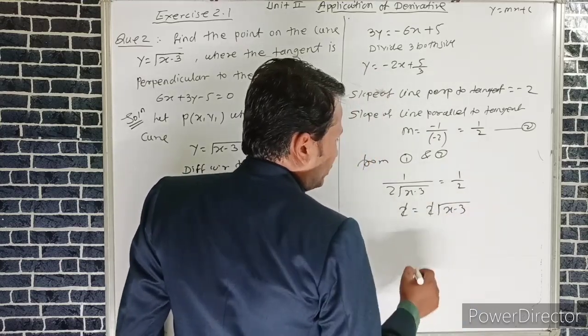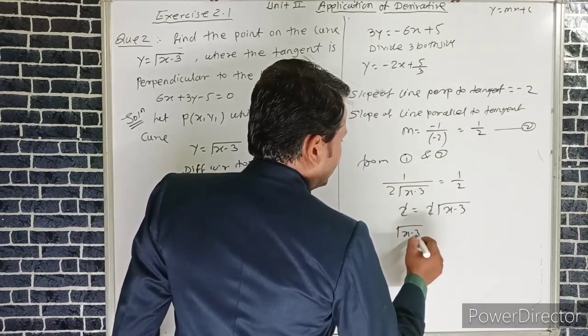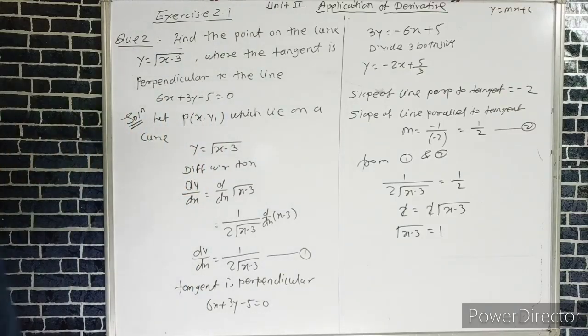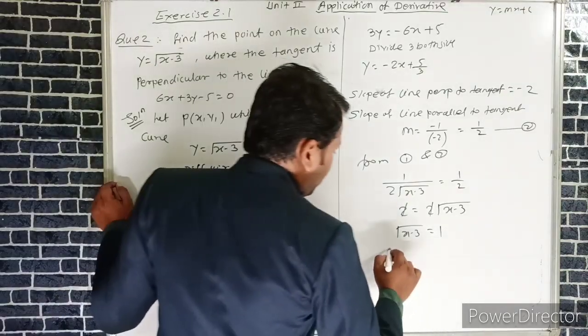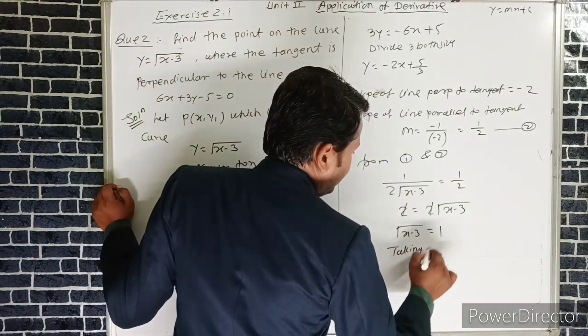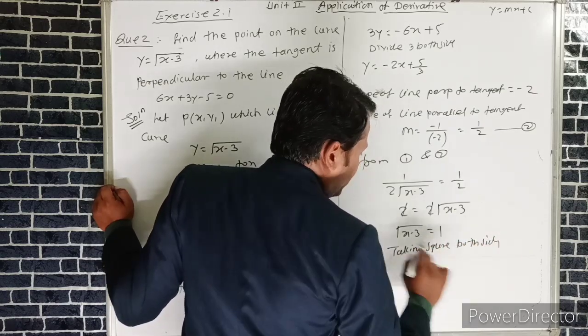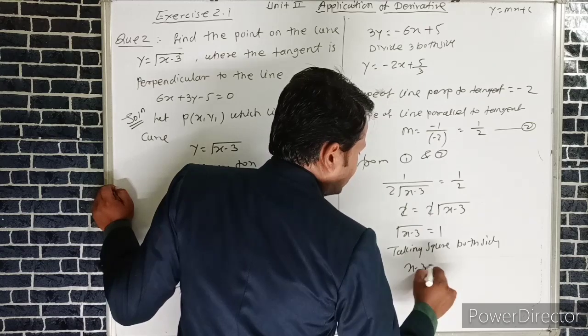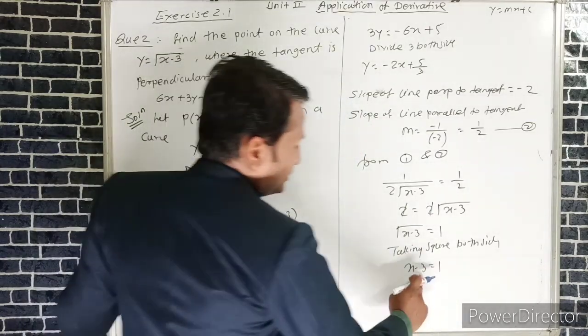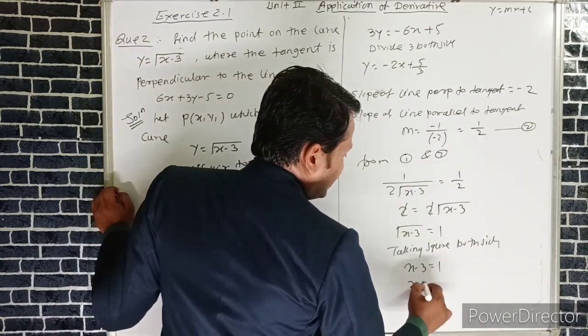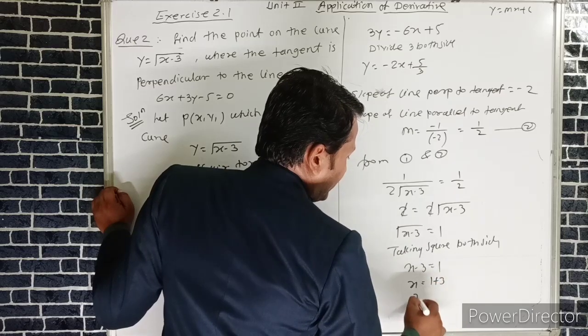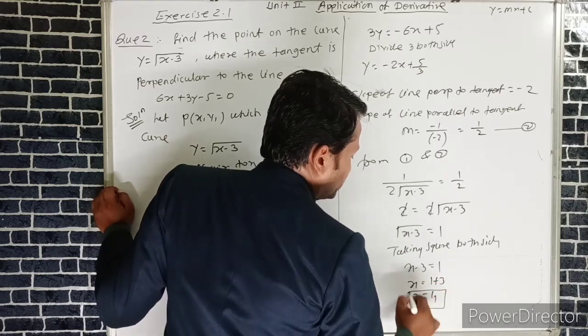The 2s get cancelled, so we can write under root of x minus 3 equals 1. Taking square on both sides, we can write x minus 3 equals 1. If we shift minus 3 to the right side, we can write x equals 1 plus 3, hence the value of x is 4.